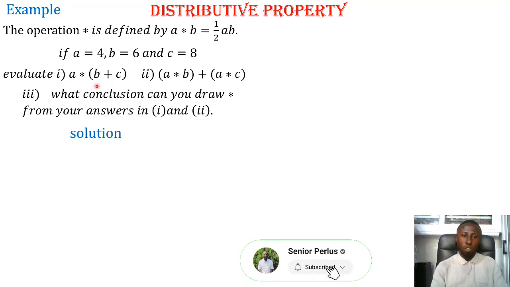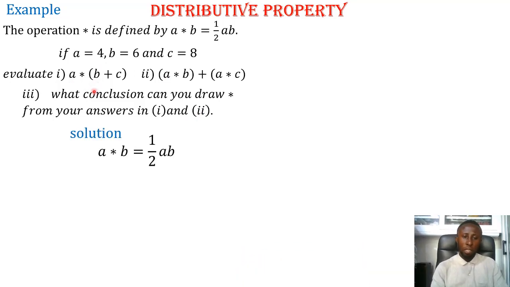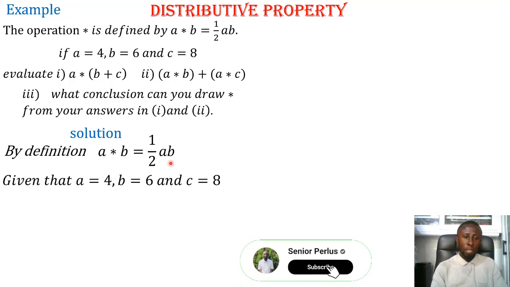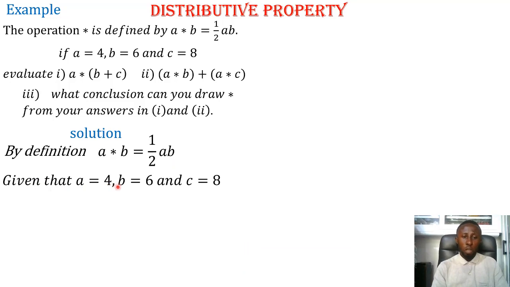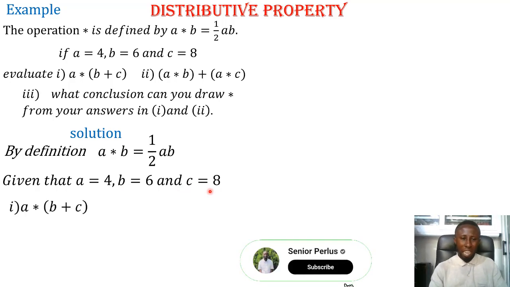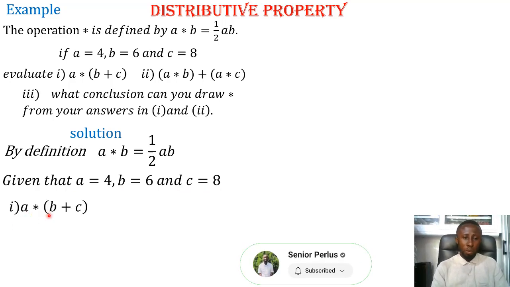Solution. By definition, A star B equals 1 over AB, and we said that A equals 4, B equals 6, and C equals 8. So this is what we are going to use.